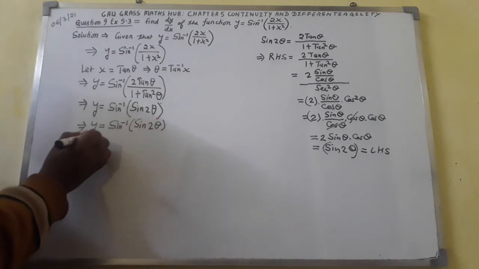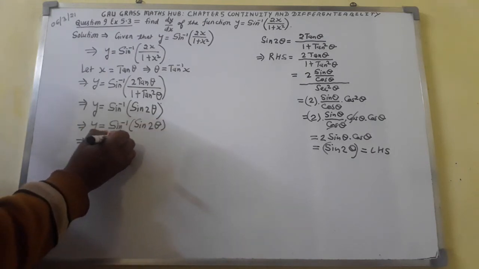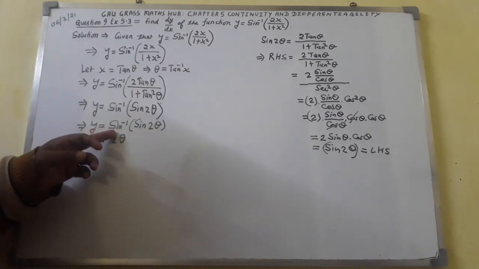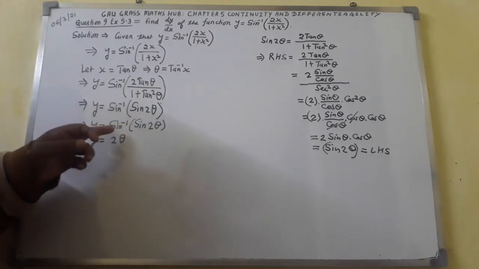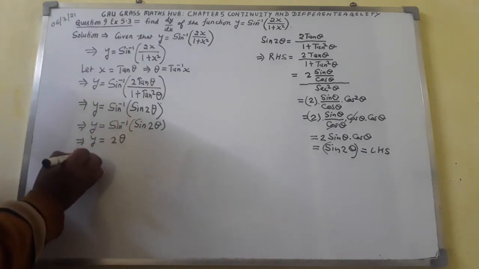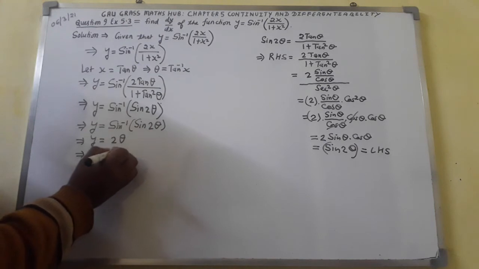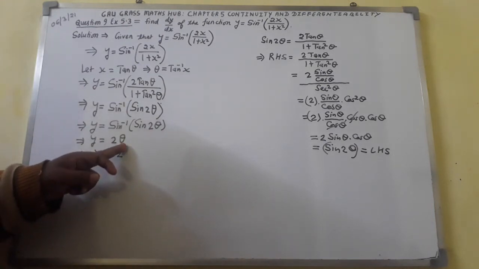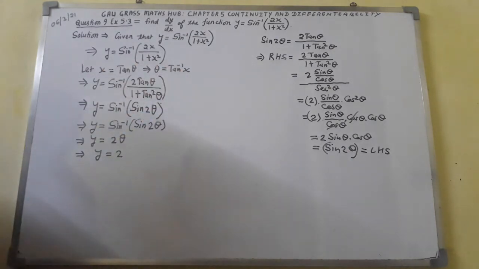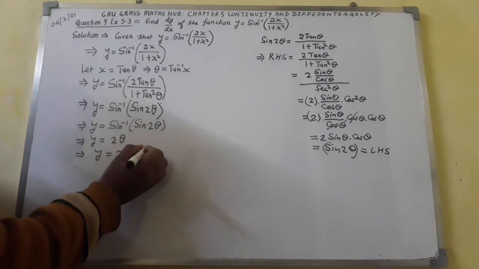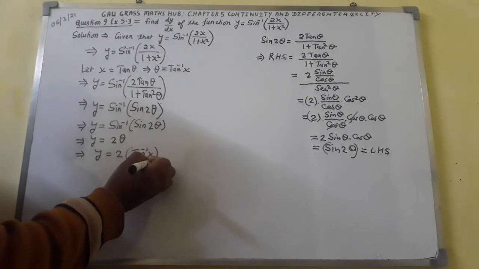You will get here y equal to 2 theta. Because sin inverse and sin both will cancel, I will get here 2 theta. Here I shall write y equal to 2. In place of theta I shall write tan inverse x.